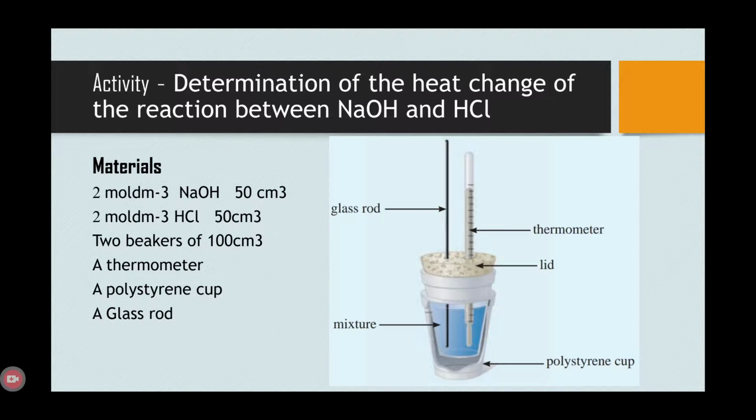When they are reacting together, we can determine the heat change of the reaction. Materials required: 50 cubic centimeters of 2 moles per cubic decimeter sodium hydroxide, and 50 cubic centimeters of 2 moles per cubic decimeter hydrochloric acid.